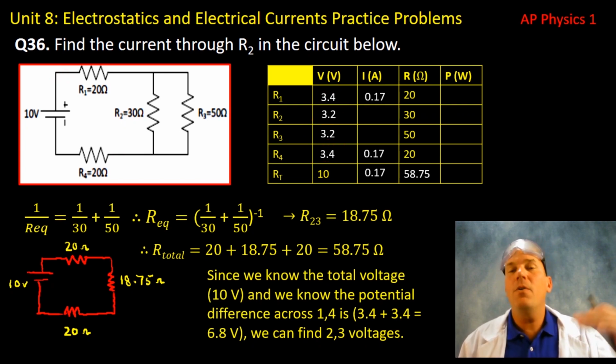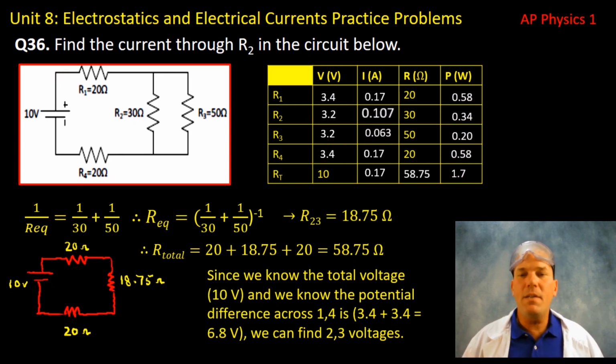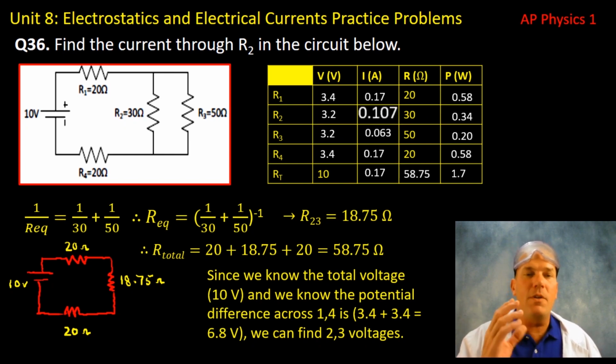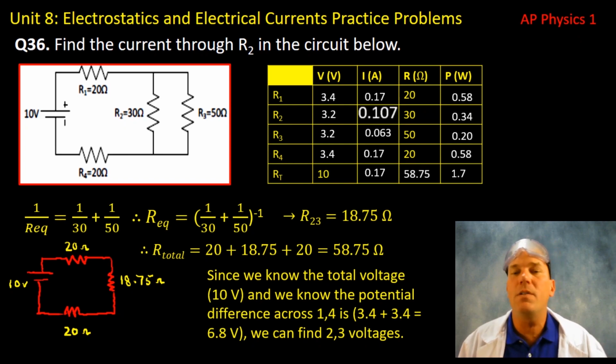And now we can go ahead and complete the VERP table and find the current that's going through R2 to be 0.107 amps. We can also go ahead and calculate power, and that really is about everything we can do with this circuit, and we've addressed the question about the current in R2.